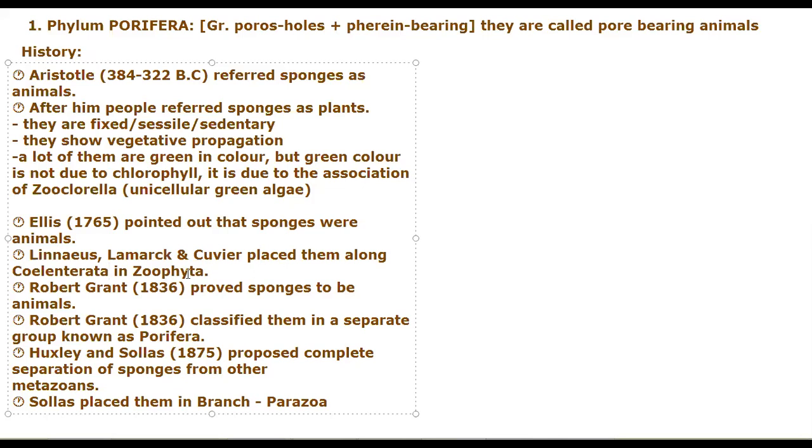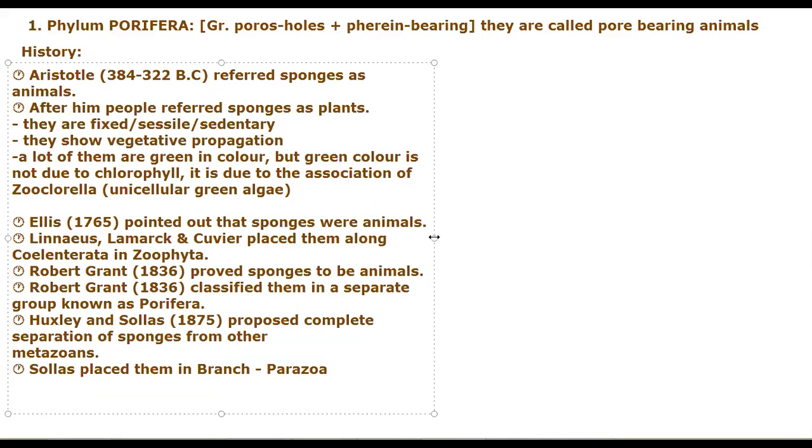Zoophyta means plant-like animals. Now, in 1836, Robert Grant proved sponges to be animals, and he created a new phylum called Porifera. So he classified them in a separate group known as Porifera.